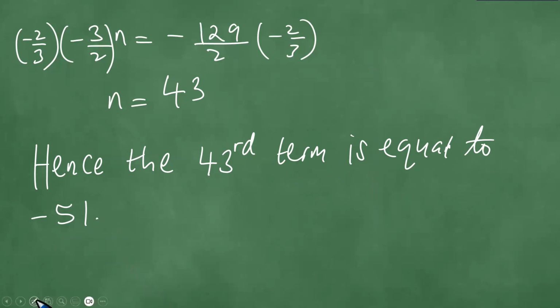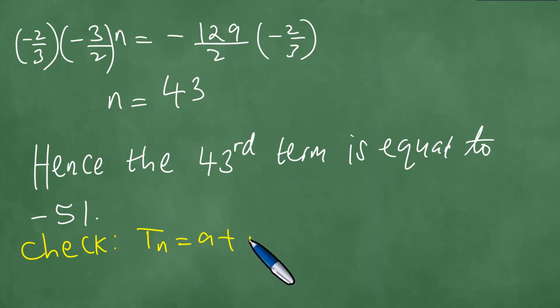And you can do a check. It's not mandatory. Is it the 43rd term? To check that, you can say your Tn is a plus n minus 1 into d.